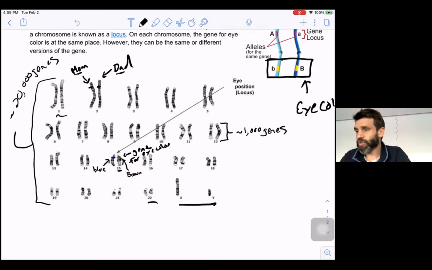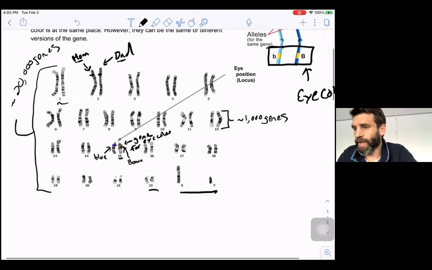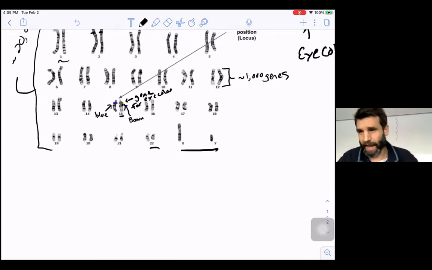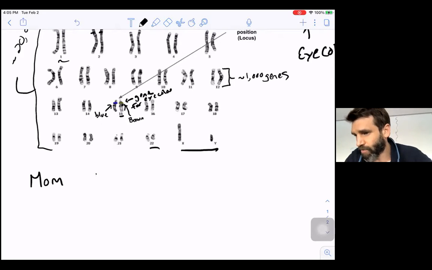Okay, so the other thing is that when we're talking about this inheritance pattern, we know we get one copy of a gene from mom and one copy of a gene from dad.